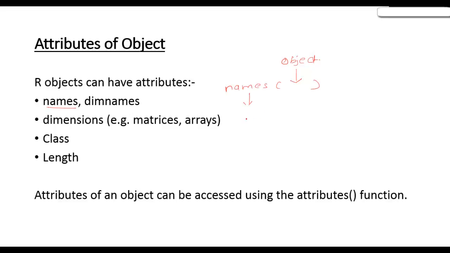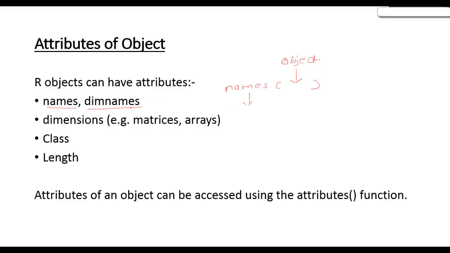When we say names, that means names that might have been given to the dimensions or any kind of name that the object is using. Then there is a specific dimnames that gives you the names of the dimensions.